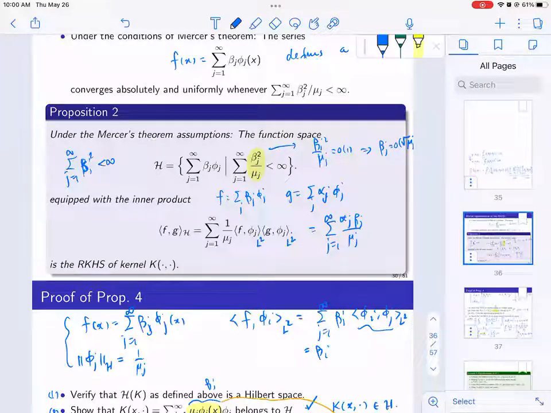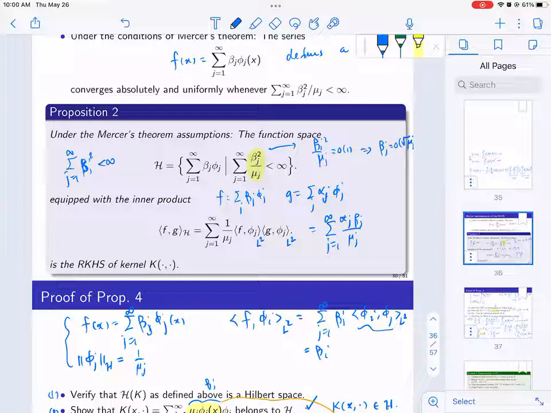If you want, you can say that there is some sort of an alignment between the functions and the eigenfunctions of the kernel operator. The function doesn't spread out in the directions of the eigenfunctions, so that dies down fast. It's concentrated more.